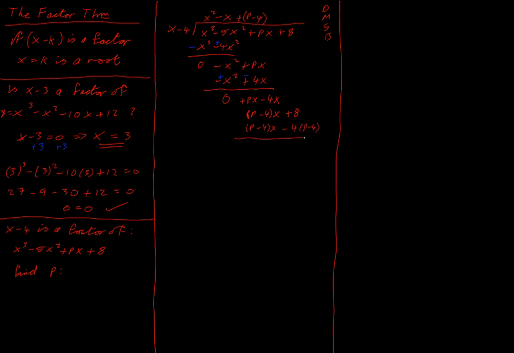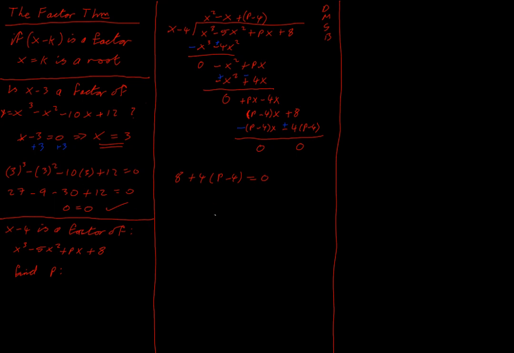Following the same steps, just looks a little bit messier because we have algebra involved. Subtract. And we know, because we're told that x minus 4 is a factor, that these two must sum to 0. So that means I now have an equation. I have 8 plus 4 on p minus 4 is equal to 0.